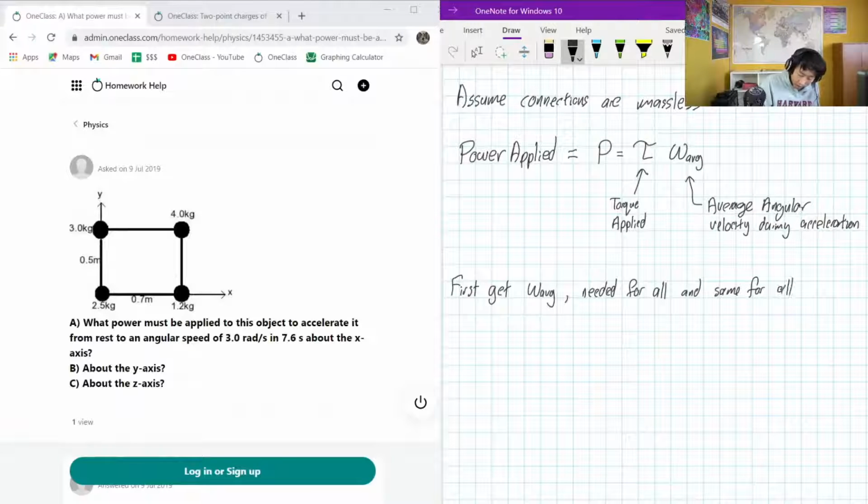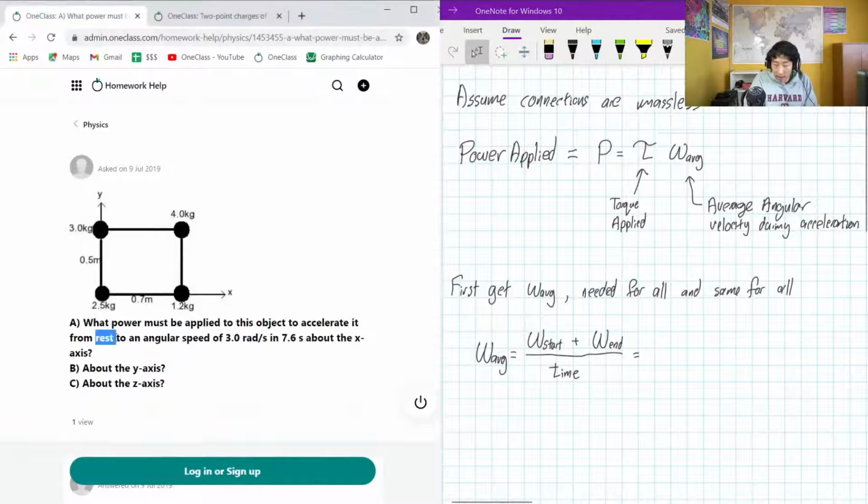Okay, so first get omega average, which is needed for all and the same for all. Well, you calculate the average velocity similar to how you calculate any other averages. So omega average is equal to the starting plus the end angular velocity, divided by, well, it mentions that it starts at rest, right?